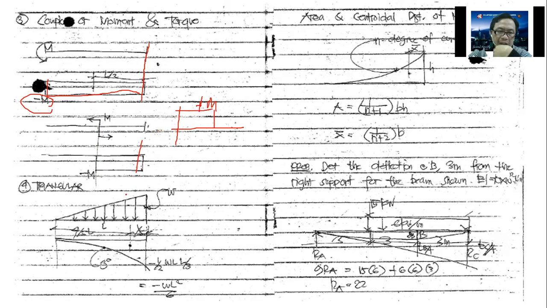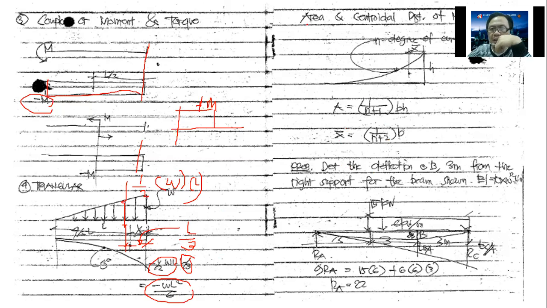Now for the triangular load, the resultant load here is just the area of the triangle, 1/2 times W times L. And if you multiply this with the centroid, we know that the centroid of the triangle is 1/3 of that distance, or L over 3. So you have the resultant force times this centroid distance, so you have negative WL squared over 6. That's negative because it's going down.